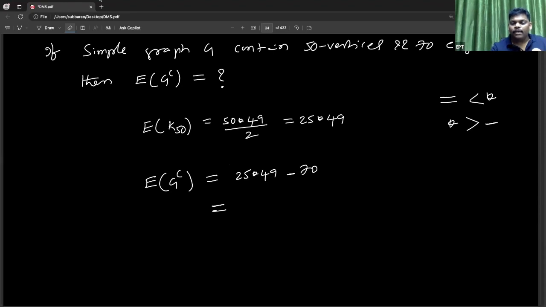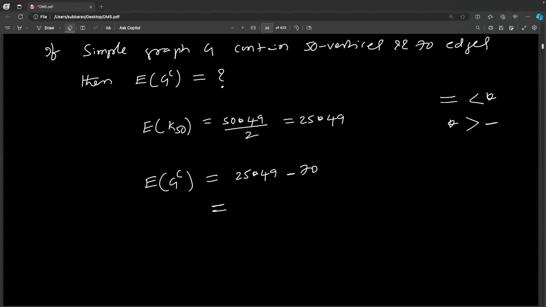Bracket makes smaller to higher. Some people are asking, sir, how can you say bracket will make smaller to higher? See this one. If you want, you can check.